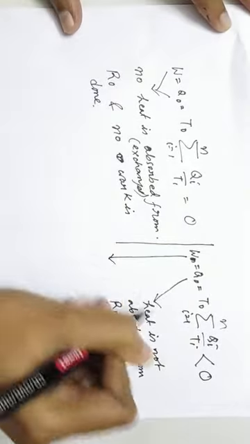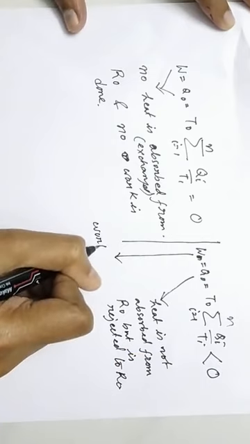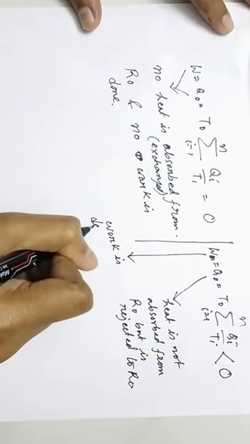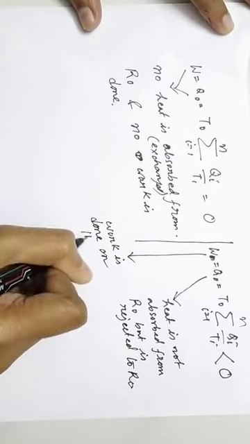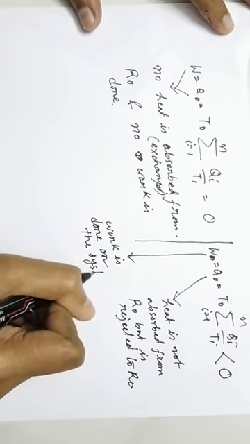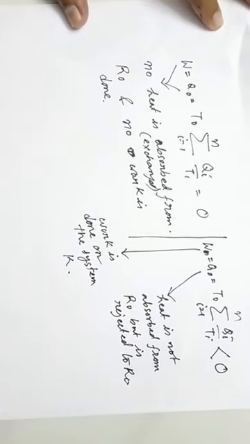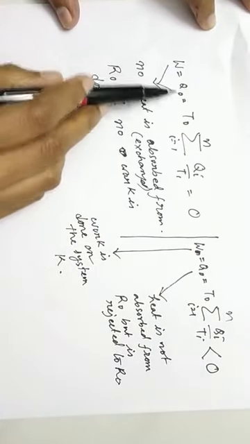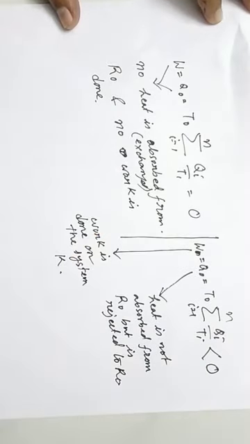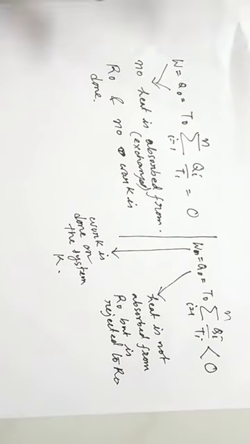And W negative means work is done on this system K. So it will mean that if W equals Q0 equals this term is equal to 0, there is no heat exchange from R0 and no work is done.